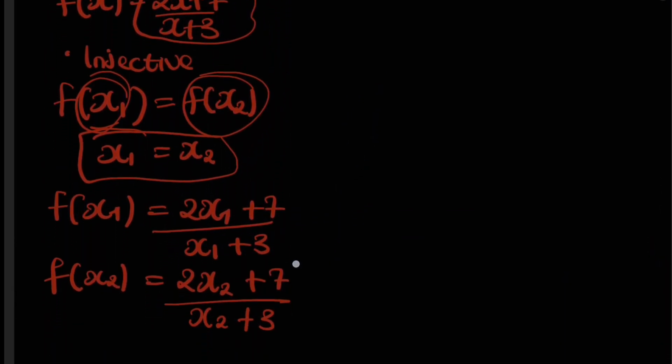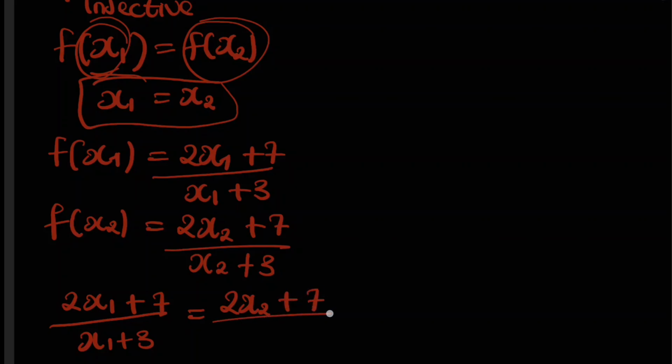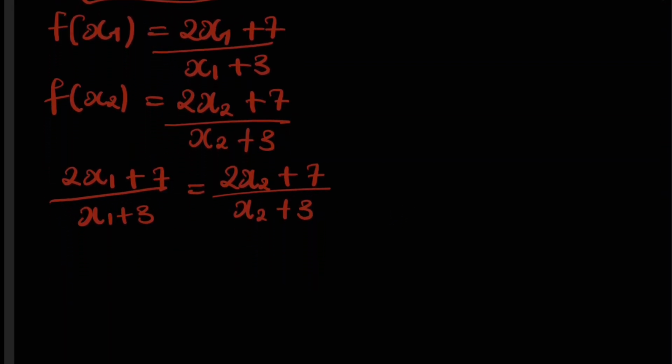Okay, from here we equate them. We have 2x1 plus 7 over x1 plus 3 equal to 2x2 plus 7 over x2 plus 3. This is what we have. So we cross multiply.